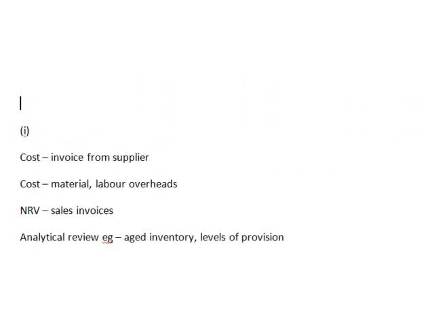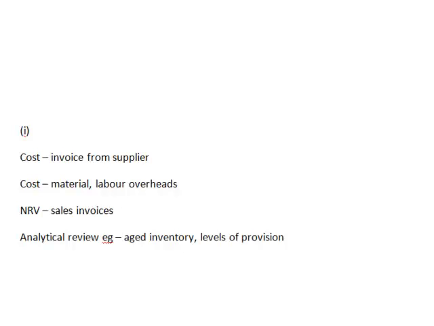The way you get to cost is you can look at the invoices from suppliers, and I think 60% of inventory is actually bought from outside. So 60% is imported. So we can look at the invoices from recent deliveries.